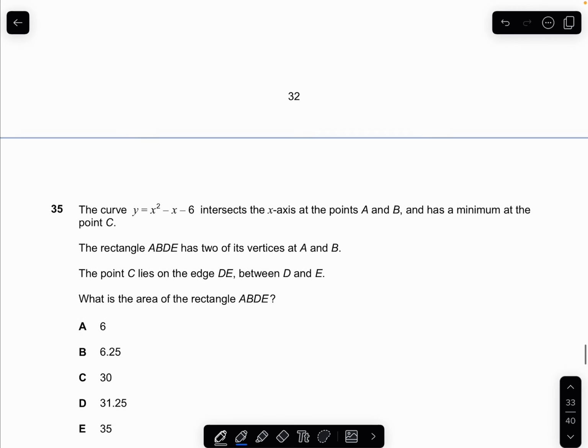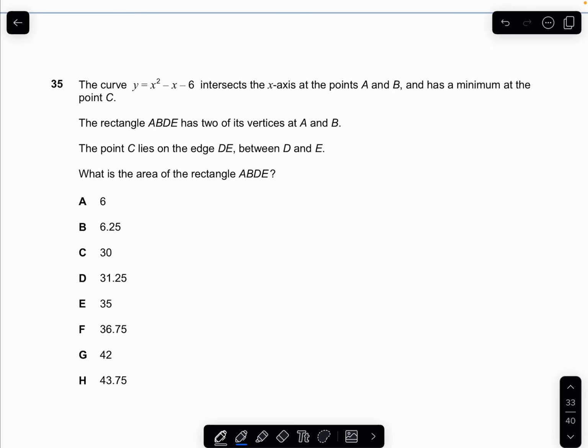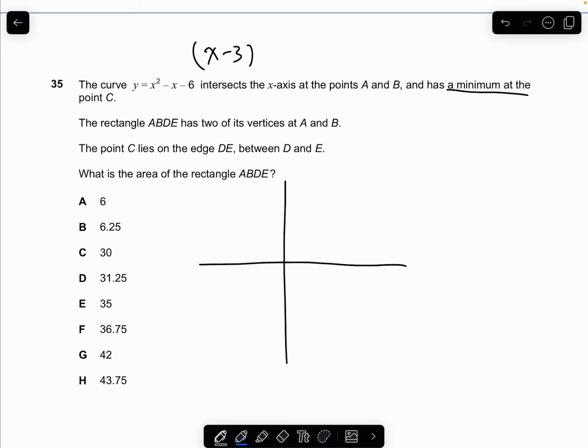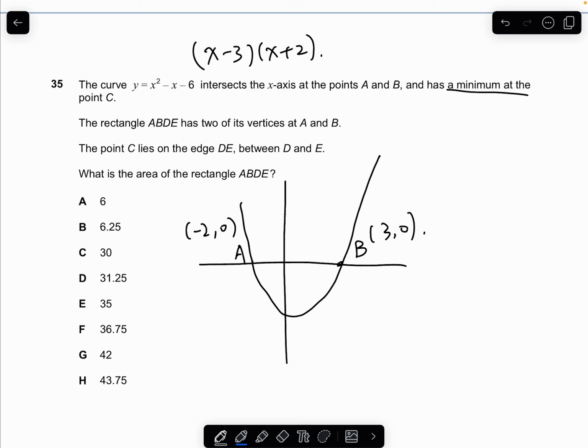Okay. The curve of this intersects and has a minimum at C. This is clearly on this. So 3 and 2. A and B. Minimum at point C, this is here.